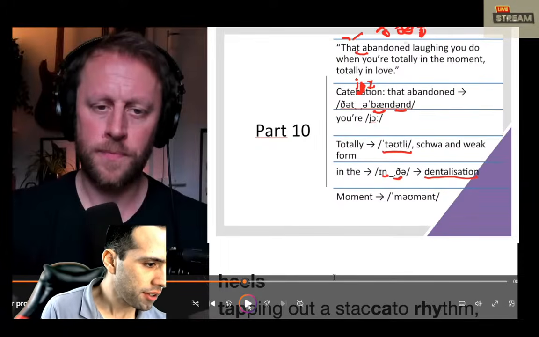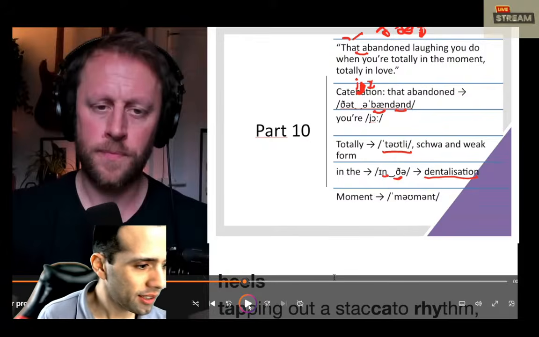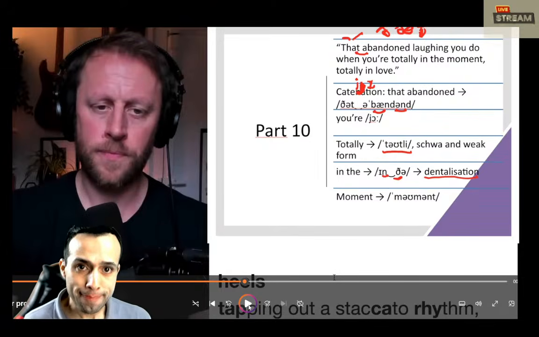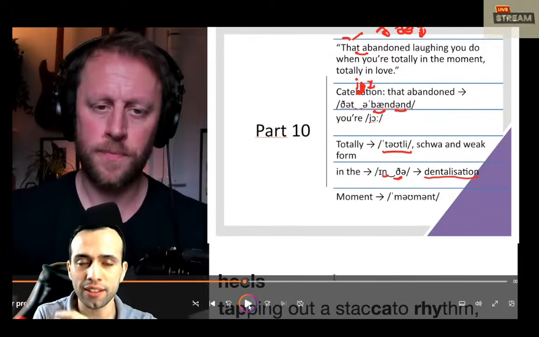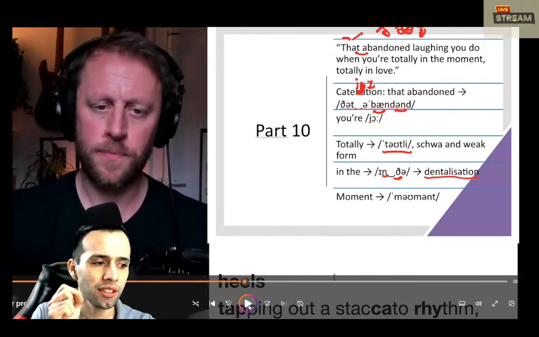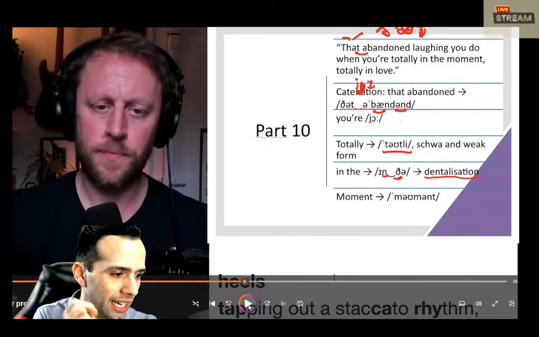So we begin with that, pronounced with the same vowel sound as in cat. That's abandoned. Abandoned, again, same as in cat. Abandoned, beginning with a schwa sound. You say abandoned.